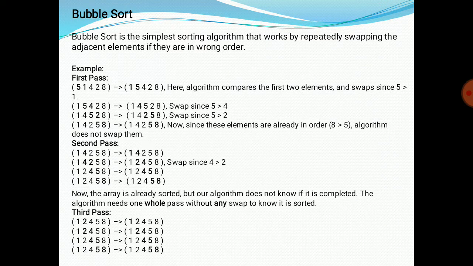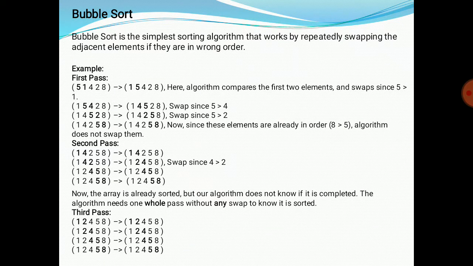So this algorithm compares two adjacent elements and swaps the elements continuously if the first is smaller than the second. So during the first pass, this algorithm compares two adjacent elements in the way that the first element is compared with the second element.